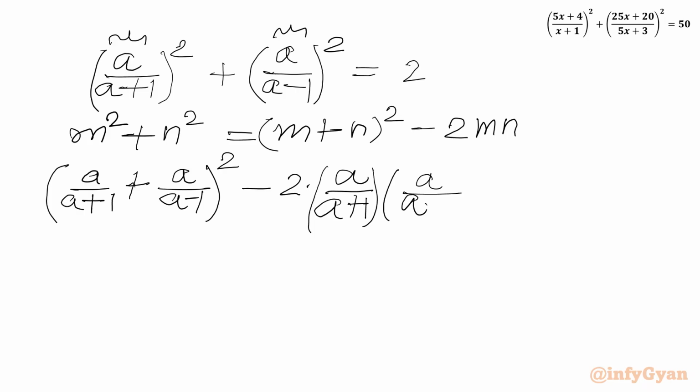This is 2mn term and RHS is, now we have to only simplify this bracket. We will get 2a square over a plus 1, a minus 1.